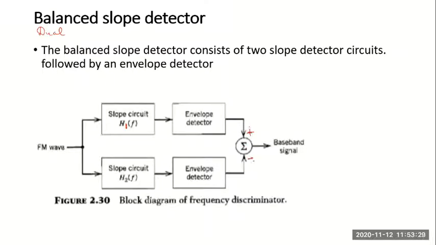It is plus here and minus here, which means that if I call this signal S1 of t and this signal S2 of t, the final output is obtained as S1 minus S2 of t. Okay. So why this is an advantage, we will see as we analyze this circuit further.